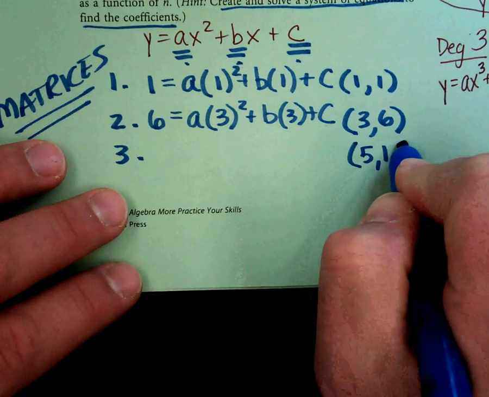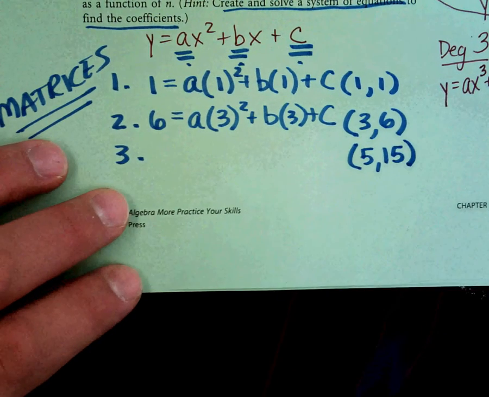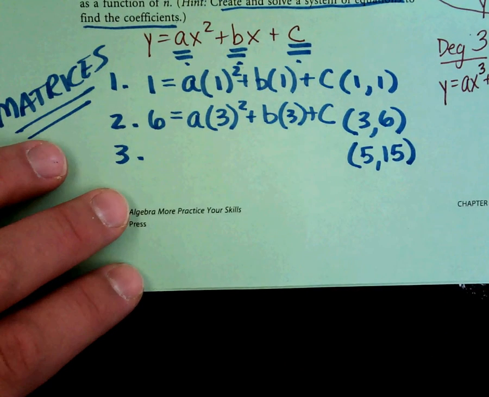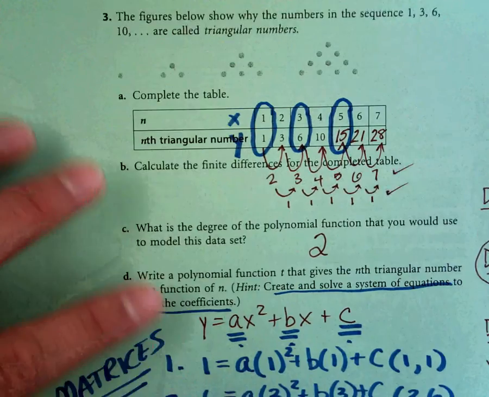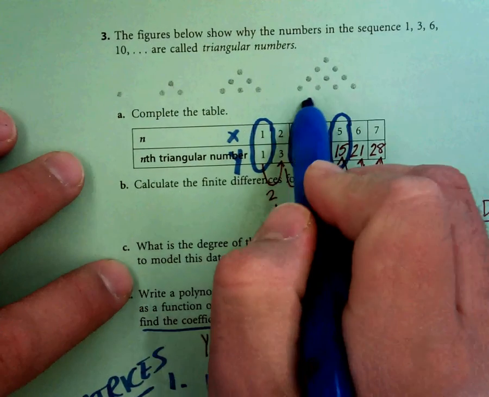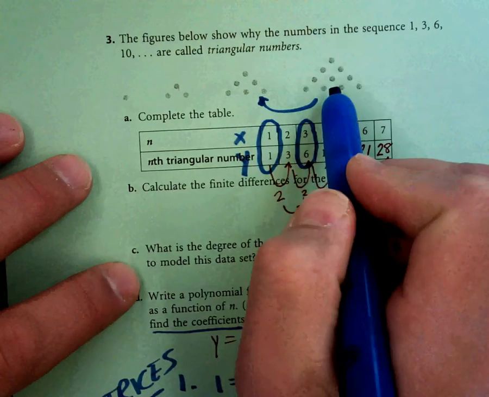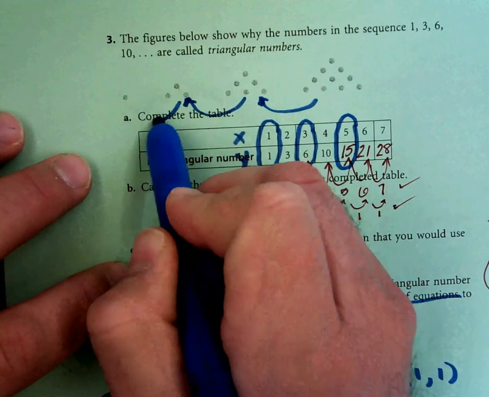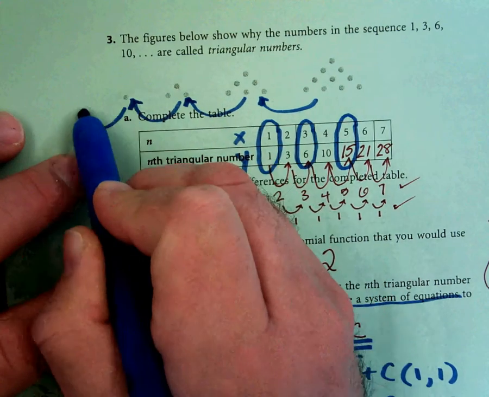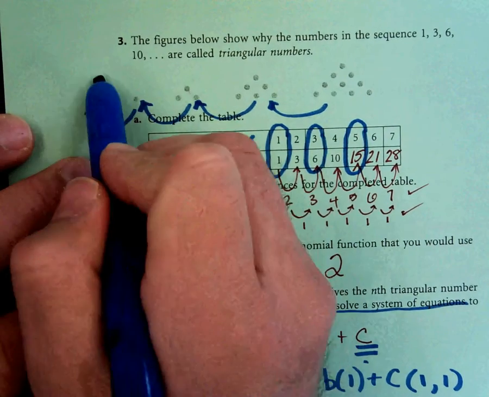Side note, the reason they knew that C was 0 is, look at the picture. If we went back a step, we lost 4 dots. We lost 3 dots. We lost 2 dots. What would be back here? Nothing.